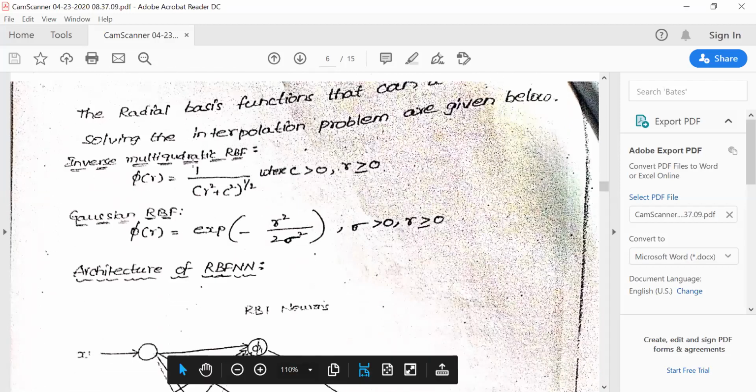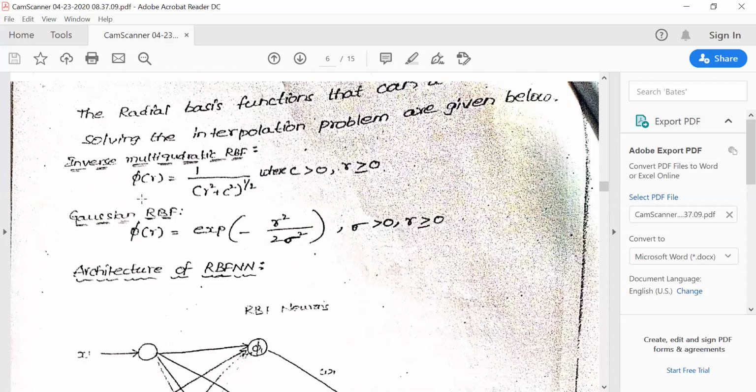There are several possibilities of functions we can select. Some of them are given over here. It is not limited; there are many other functions available. We already saw a function used in our XOR problem, e power minus xi minus ti. Here there are other possibilities. The first is the inverse multi-quadratic RBF function, which says phi of r is equal to 1 by square root of r square plus c square, where c must be greater than 0 and r must be greater than or equal to 0.